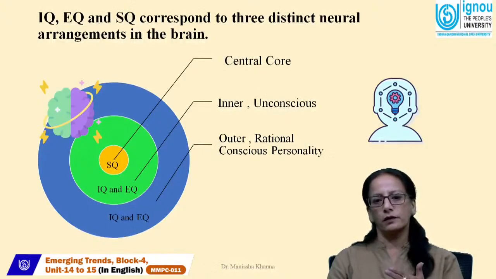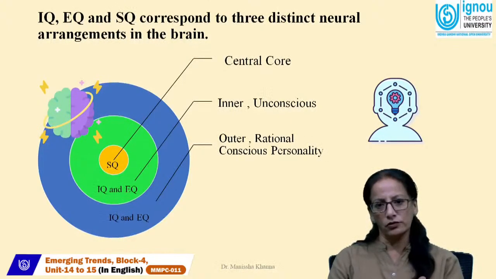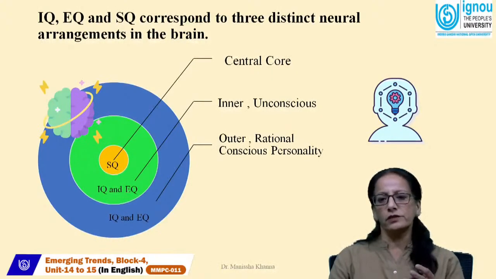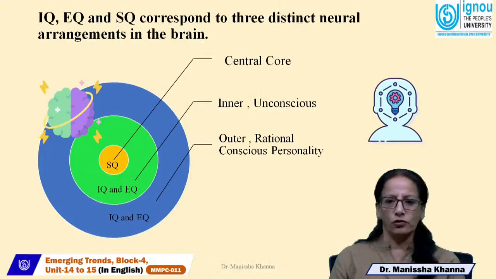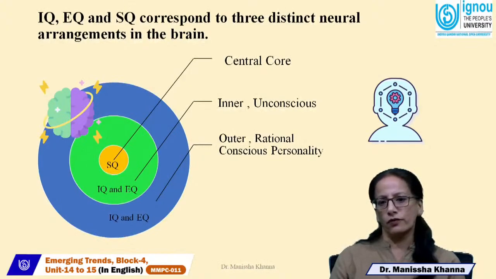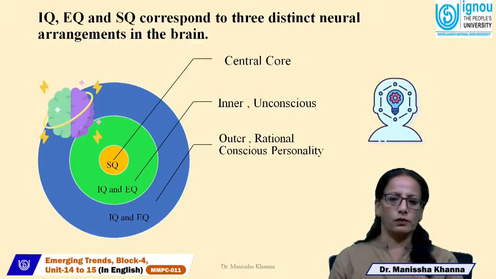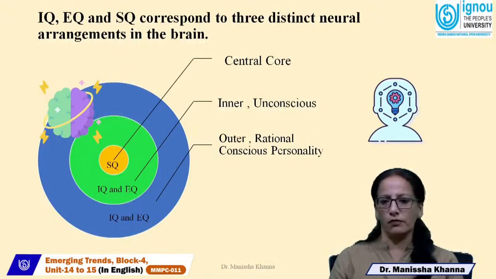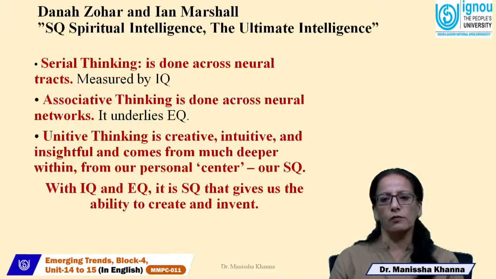Of course, we are thinking rationally at the inner conscious level also, but the central core is spiritual intelligence, which is only and only related with our own self. And the neural arrangement is on the central core of our thought process, about our own system, whether it is neurological, psychological, or how we really think.